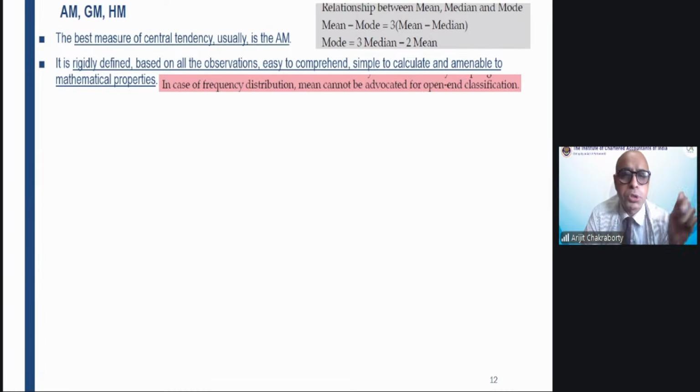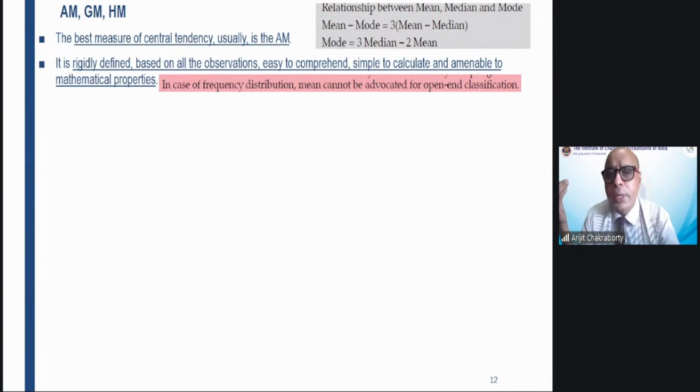There, the most pragmatic, practical, and realistic approach would be to use median, because median is not concerned with the extreme values, left or right side. We are ultimately going to arrange the values in ascending or descending order, and median looks at the values in the middle of this distribution.